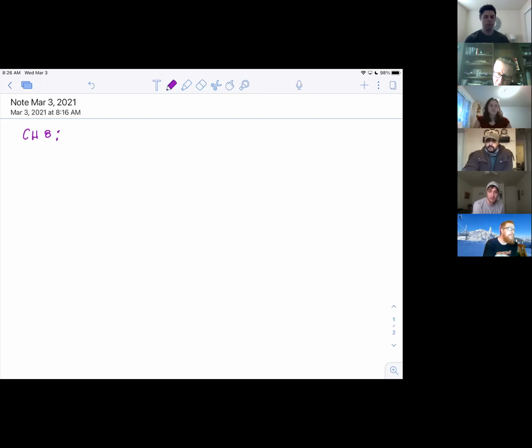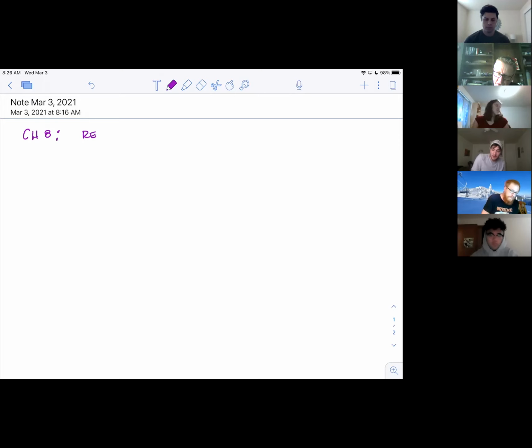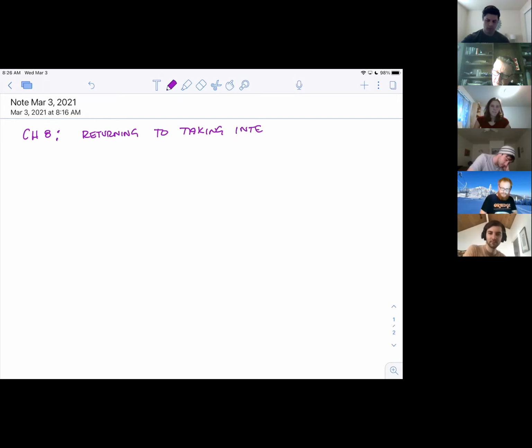So what we're doing in chapter 8 is really returning to taking integrals again. And I've been hinting at this. I like the way this book is organized in the sense that we just took a whole chapter applying integrals. We didn't know a lot of tricks. We knew substitution and we knew the power rule basically.